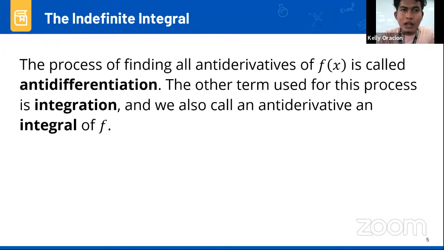The same goes for this lesson. The inverse of derivative is antiderivative, and the inverse of antiderivative is derivative.